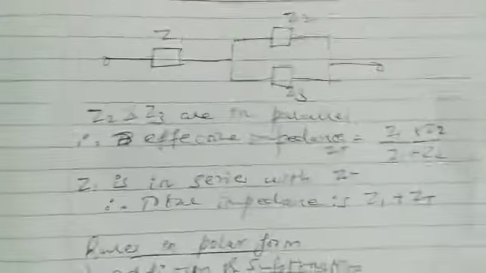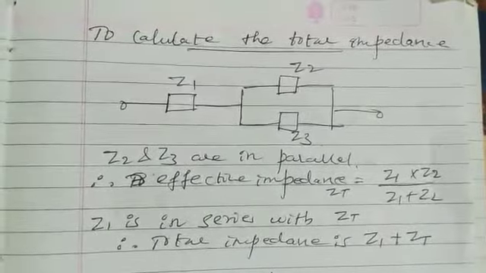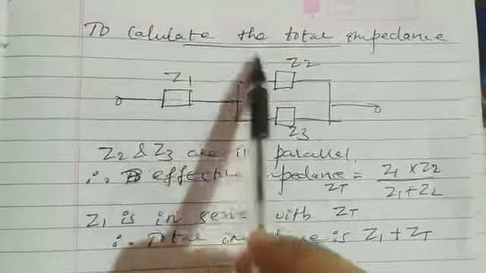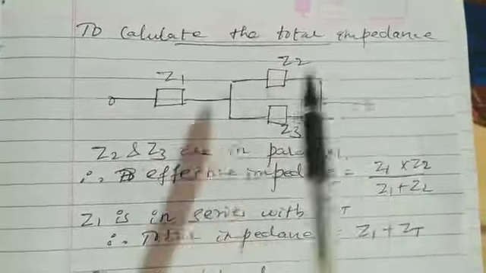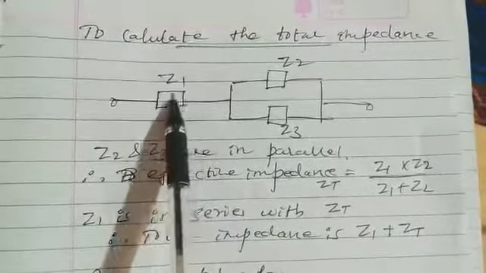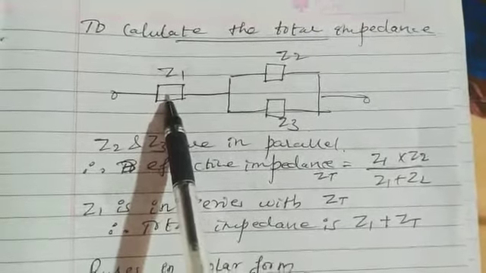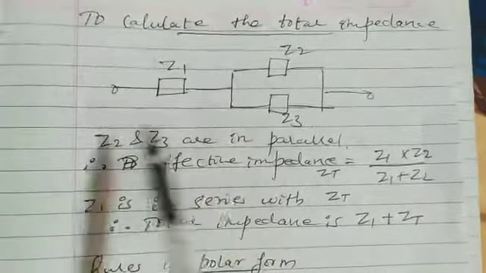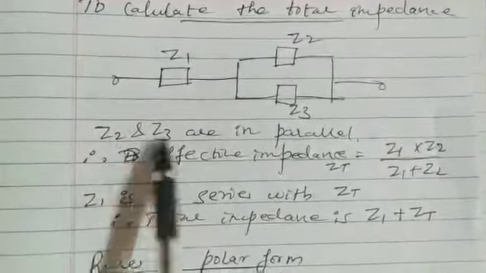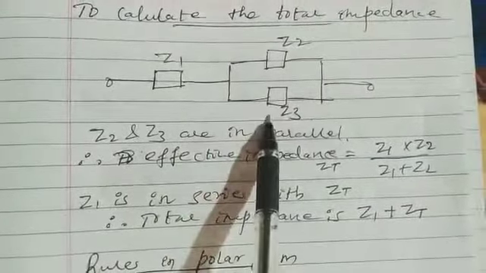Okay. So now to calculate the total impedance, I'll represent the whole combination by one box. I'll call these impedances Z1, Z2, Z3. Here Z2 and Z3 are in parallel.